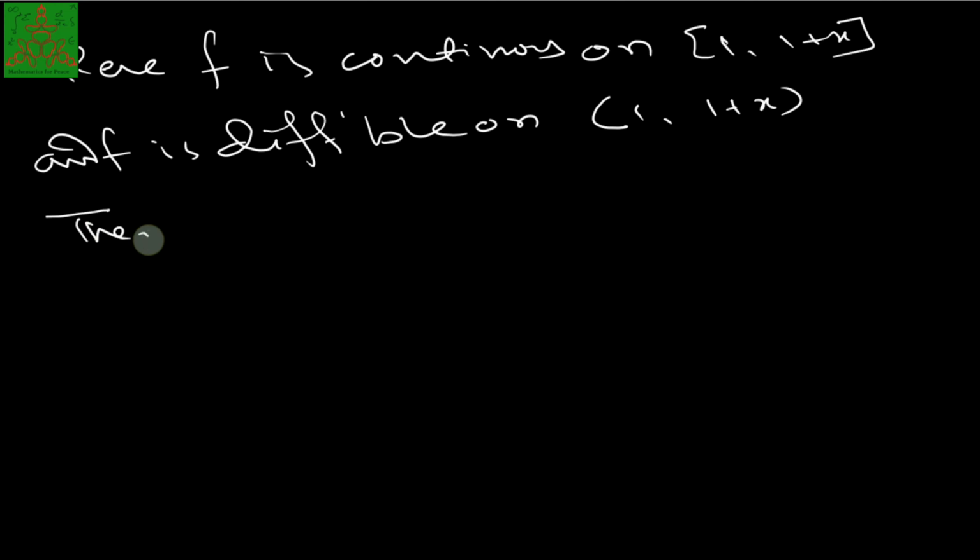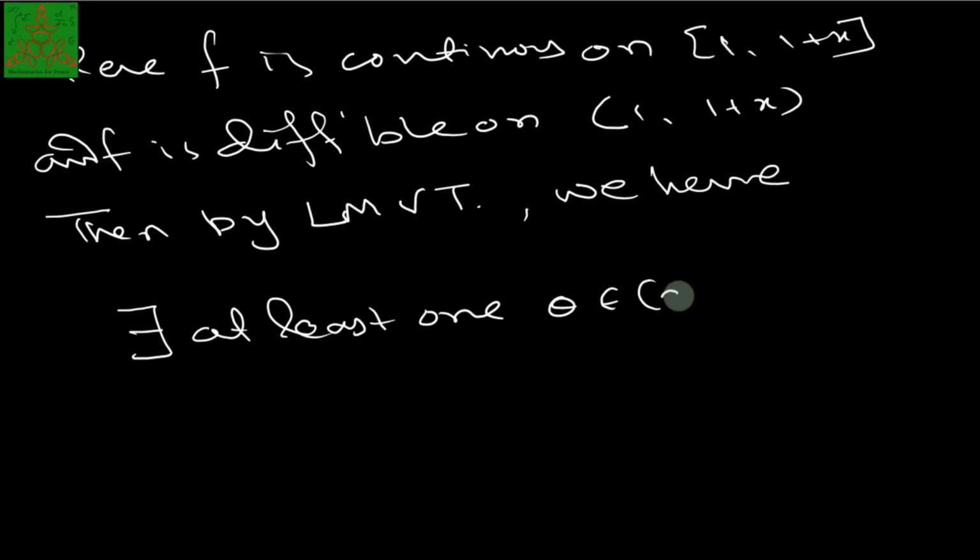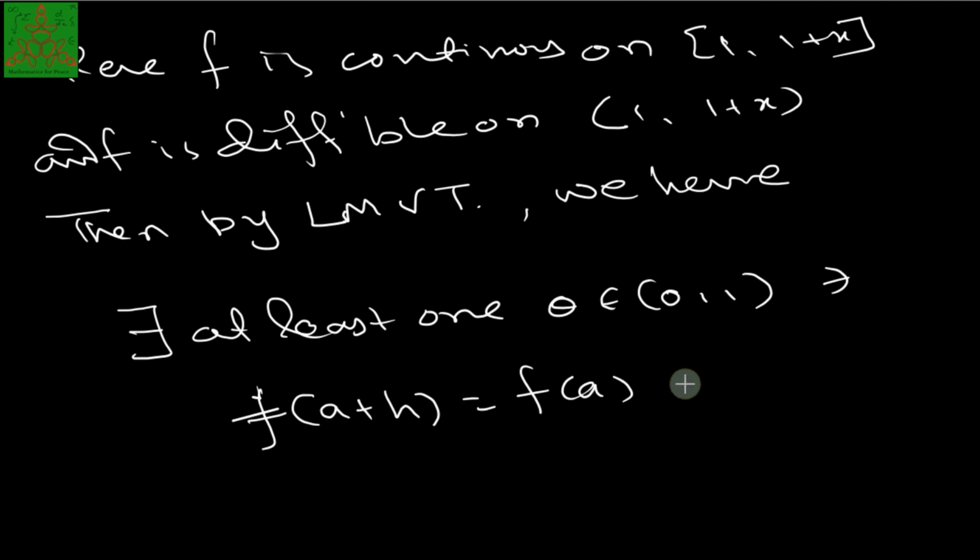then by LMVT, now here I have to use the alternative form of LMVT. We have, there exists at least one theta between 0 and 1, such that f of a plus h is equal to f of a plus h into f dash of a plus theta h.